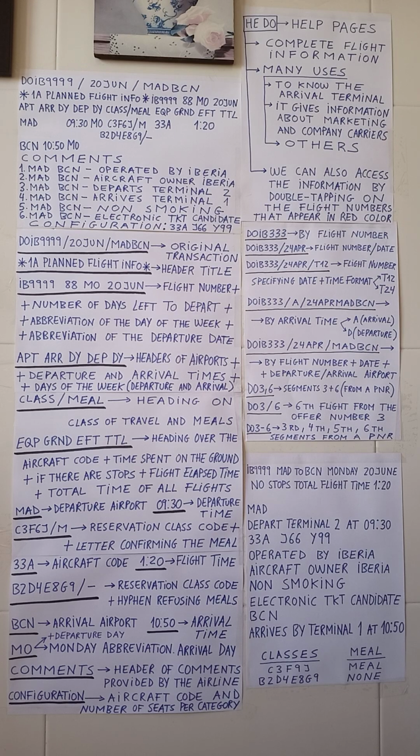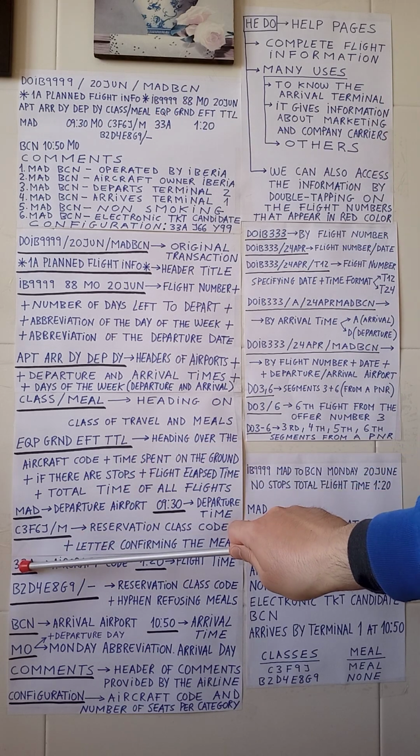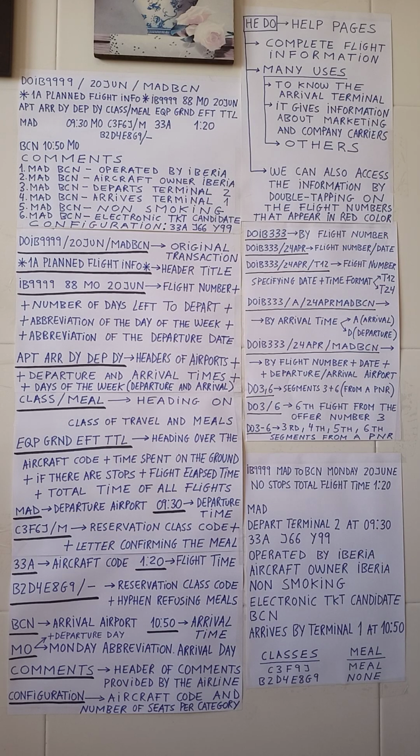So the letter M serves to confirm the food. 33A is the code for the aircraft. 120 is the time spent on the flight from Madrid to Barcelona.